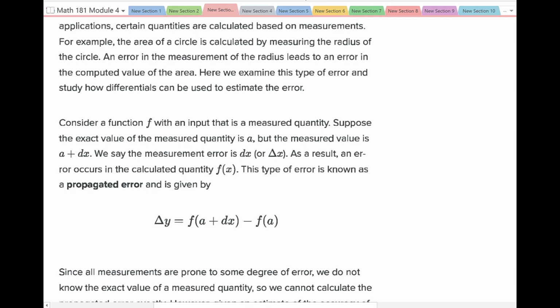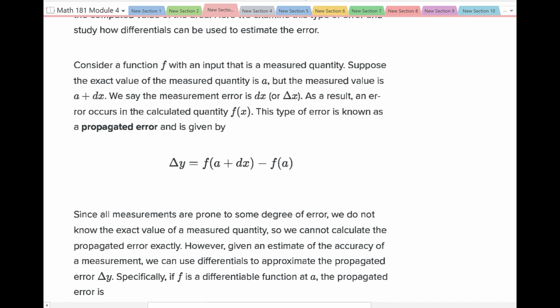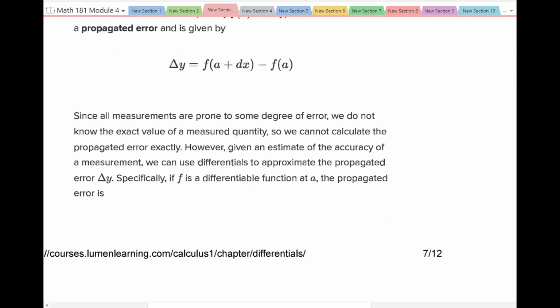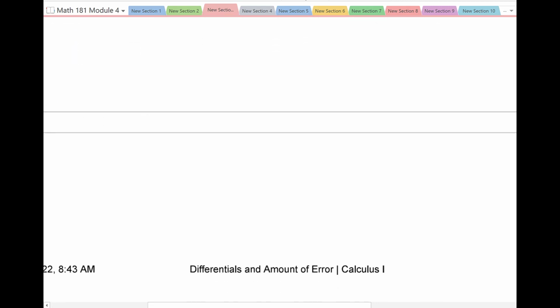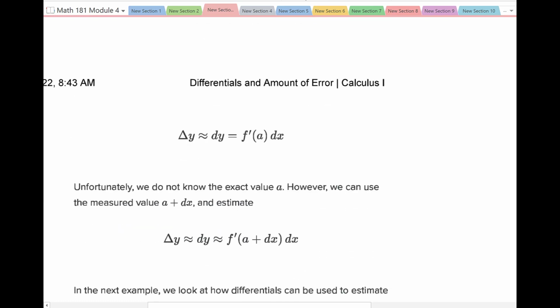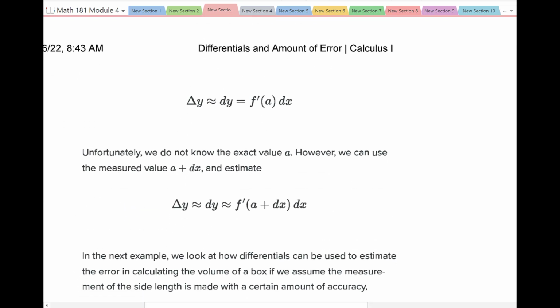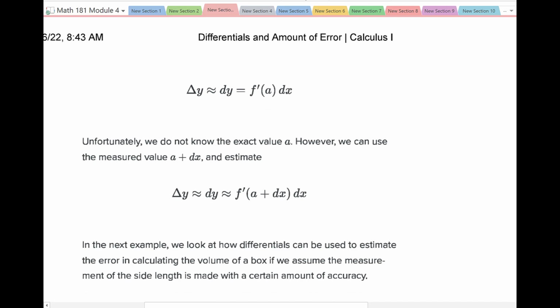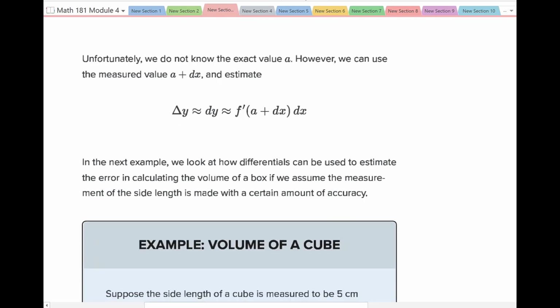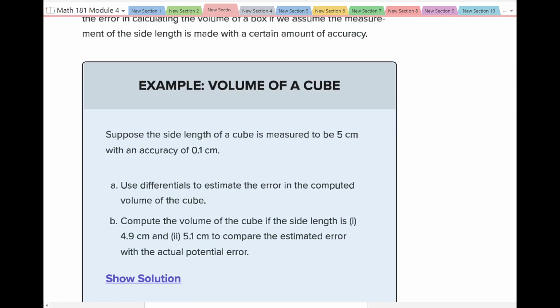And we often see that if we round off too much in our calculators when we're doing problems, we get propagated error. So we know that the delta y is approximately dy, but we can also calculate how far off we are.